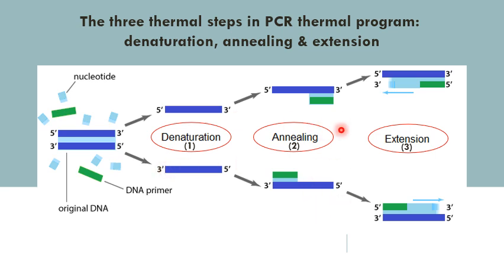When it is denatured, your primer will come and anneal to the specific primer annealing site, so the PCR can start. After this, the extension step will be adding the nucleotides, or the building blocks, to the newly synthesized strand. So you will have the copied pieces as a result from the original DNA.